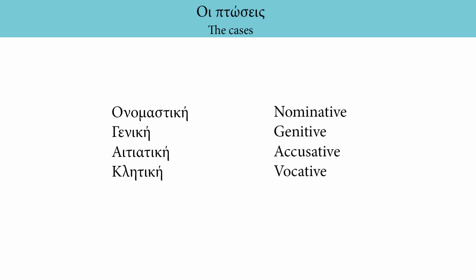In modern Greek, there are 4 cases: Ονομαστική, Nominative, Γενική, Genitive, Αιτιατική, Accusative, and Κλητική, Vocative. In this lesson, we're going to see when to use each case and not the grammar. The grammar is something more complicated and it has to be seen separately.